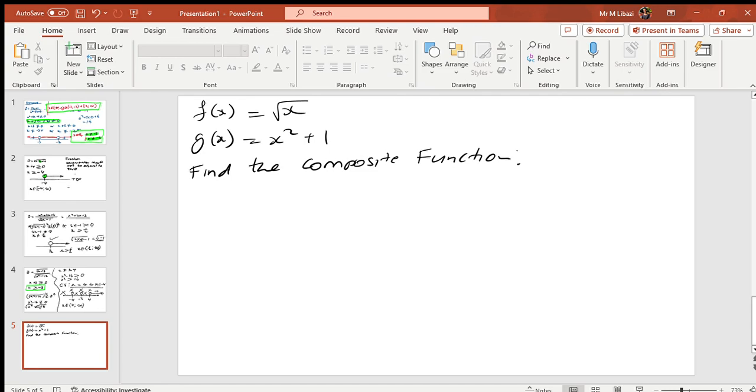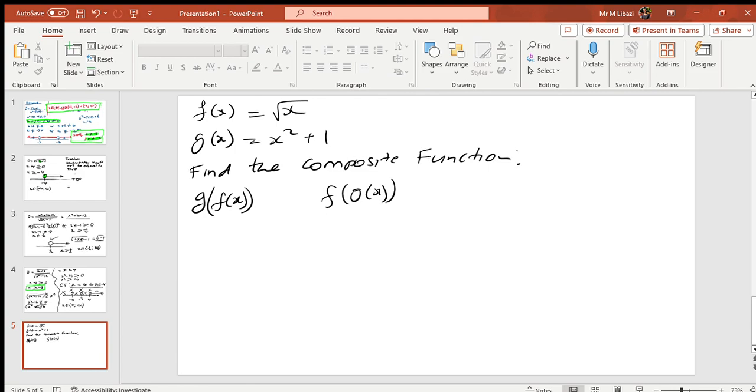Now to find the composite function, you know the composite function can be two: either you find g of f of x, or you find f of g of x.